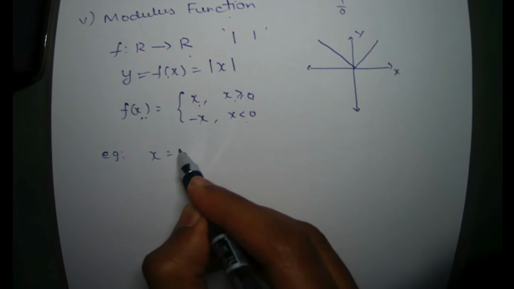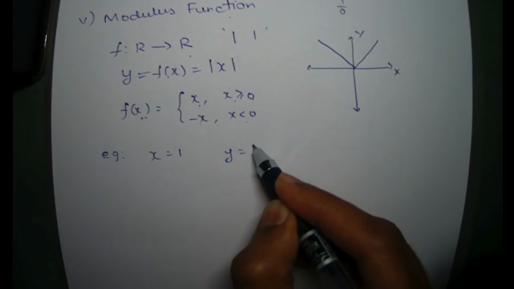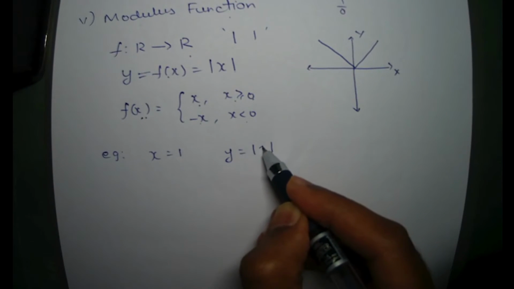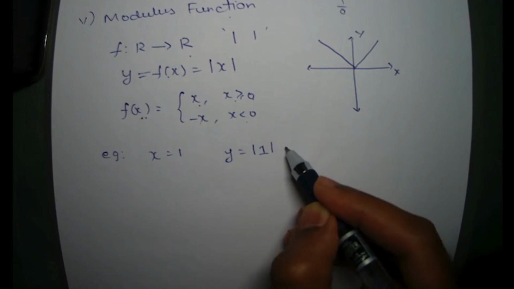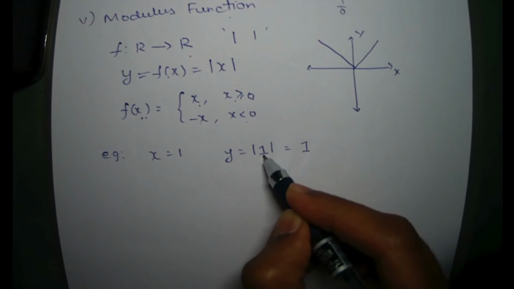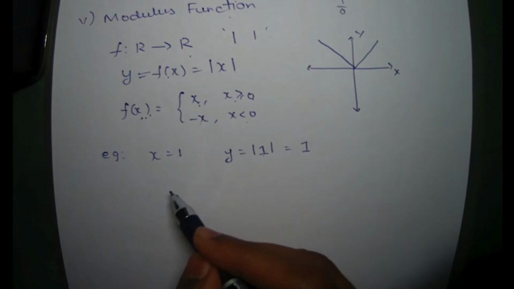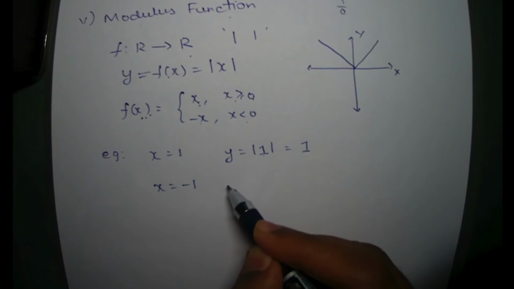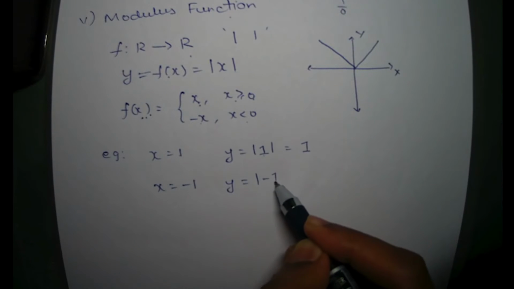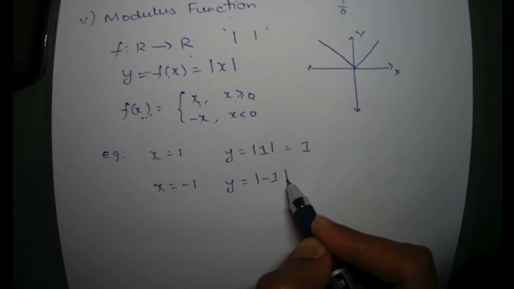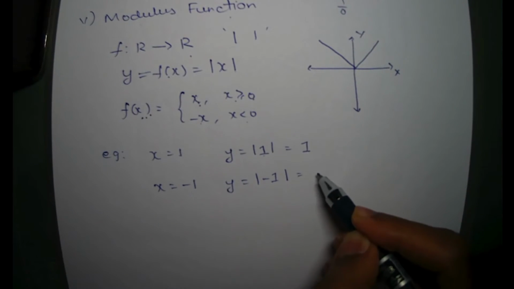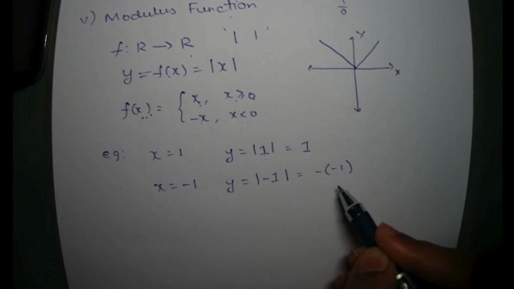If you have x is equal to 1, then y will be 1 between two straight lines, which is equal to 1. Since 1 is positive, we have to take the f of x value as x. So x is 1. If we take x is equal to minus 1, which is nothing but y is equal to minus 1 in the two straight lines, we have to take it as minus of minus 1.